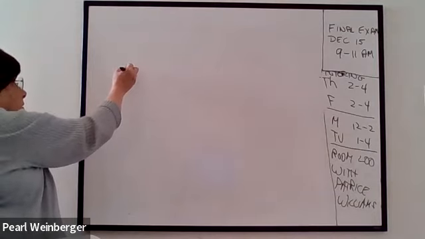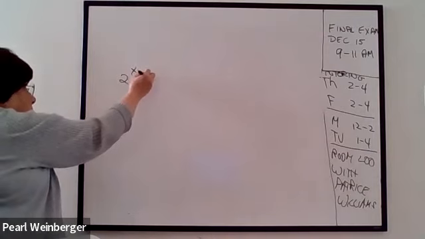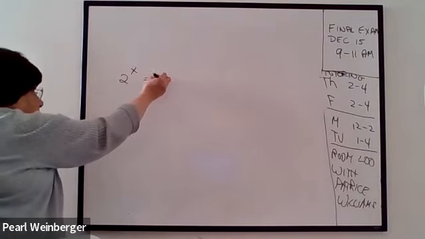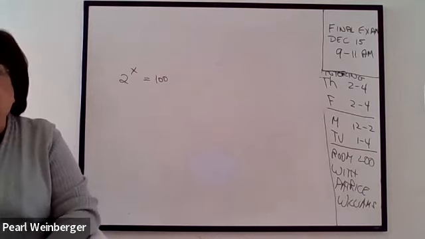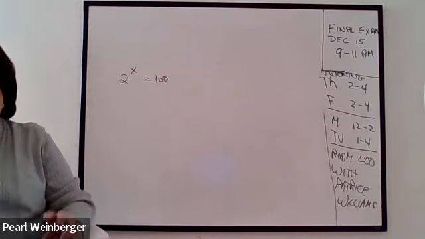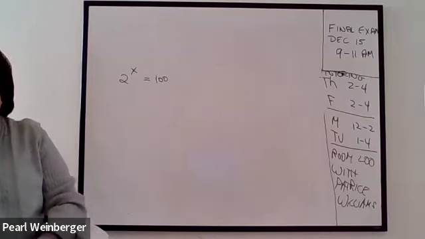Let's say I had 2 to the x equals 100. I'm going to give you a few minutes. I want the answer to the nearest 100th. That's 2 decimal places, the nearest 100th. See if you can do that.